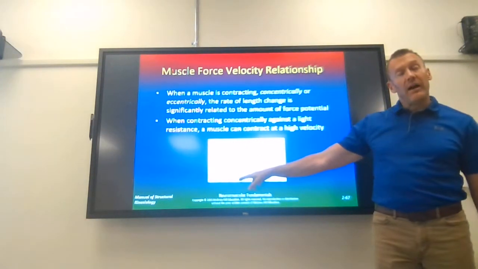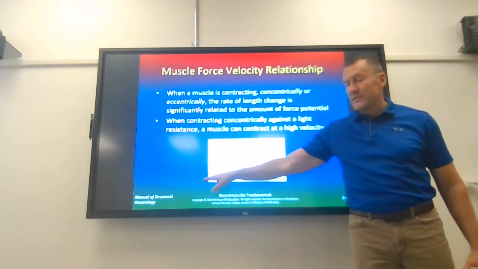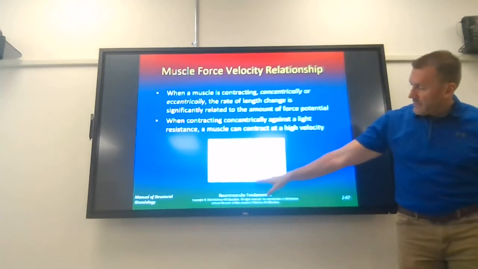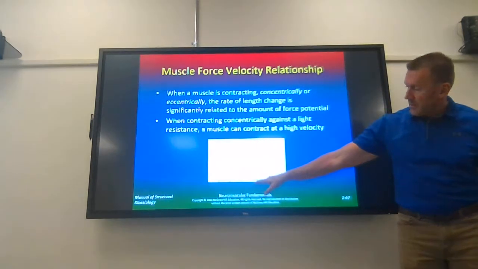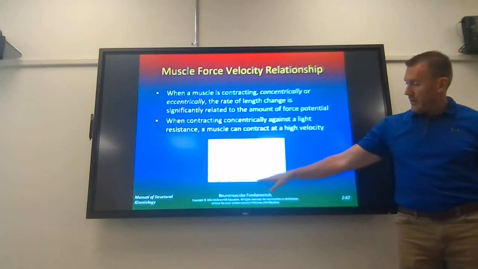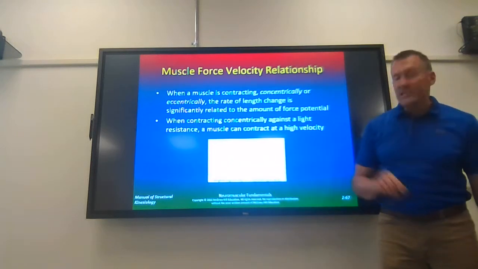On this side of the graph, a muscle is lengthening with increased velocity or speed. On this side, a muscle is shortening or contracting with increased velocity or speed. In the middle we have zero.